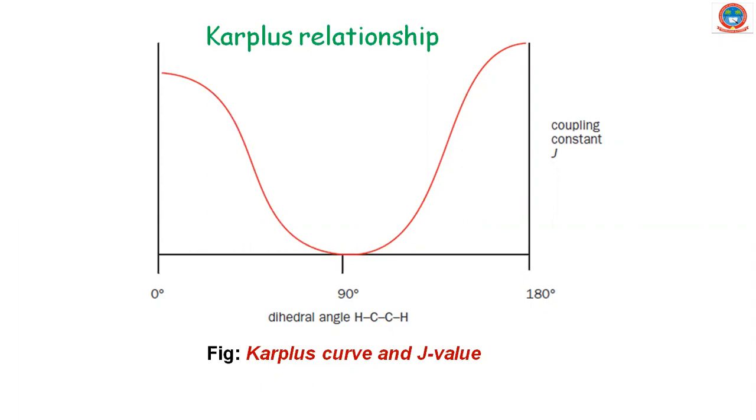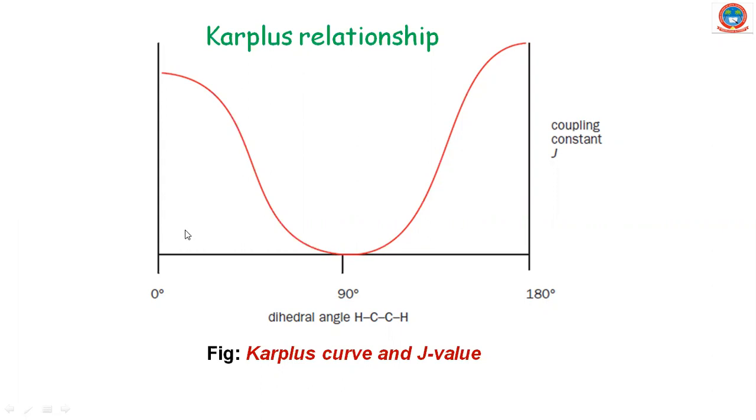You see on this axis we have the dihedral angle. On this vertical axis we have the coupling constant J values, at both sides, no problem.